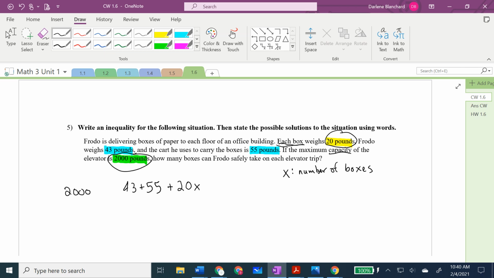I think about it like I have two things and I'm weighing them, which one has to weigh more. And I use that kind of thought to help me figure out which way the inequality should go. I need that 2000 to be more, right? And whether you like it or not, the alligator eats the largest thing.